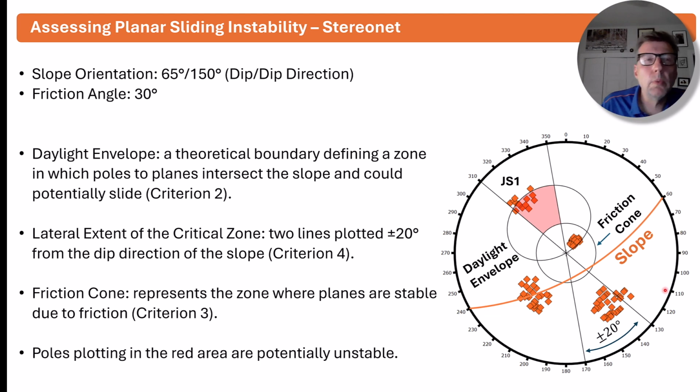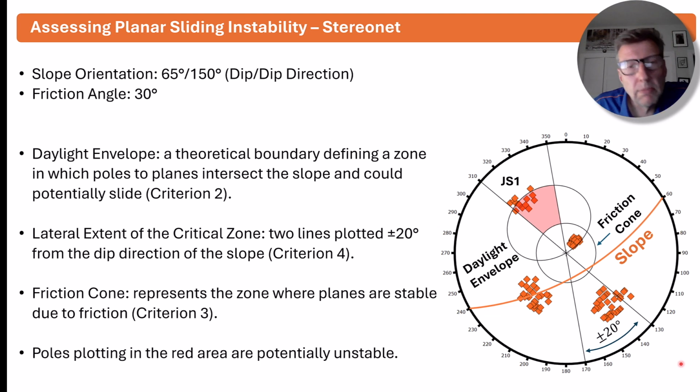And what we can see is that any poles to planes that plot within this red zone are potentially unstable. So from this kinematic analysis, we can see that joint set 1 has some discontinuities that are potentially unstable. Joint set 2, joint set 3, and joint set 4 are stable.